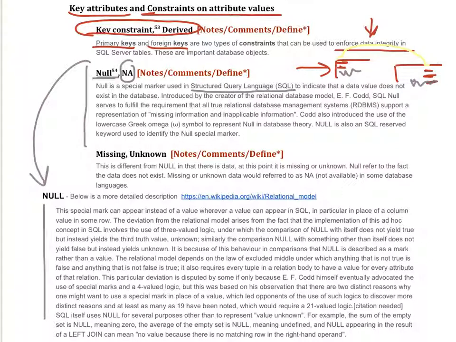Not available means you don't have the value. Okay? It's kind of like missing, unknown. Okay? You know there should be a value for it, but you just can't get it, or you don't know what the value is. Whereas null, most people say if it's null, means it won't have a value. Okay? It just won't have a value. And there's lots of examples in databases that we'll refer to later on.